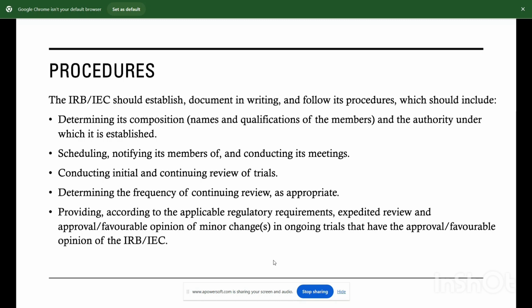Expedited review means that without a full review meeting, the leader of the EC can conduct the review of the documents. That is also possible, so that decision can be taken by the EC.